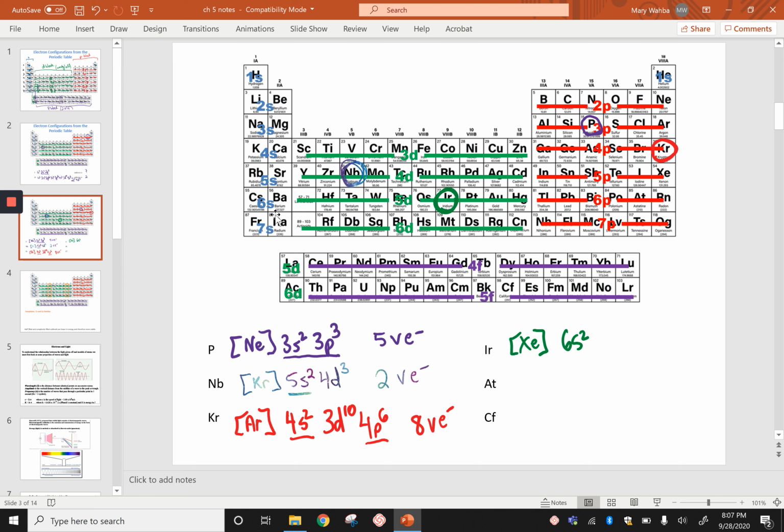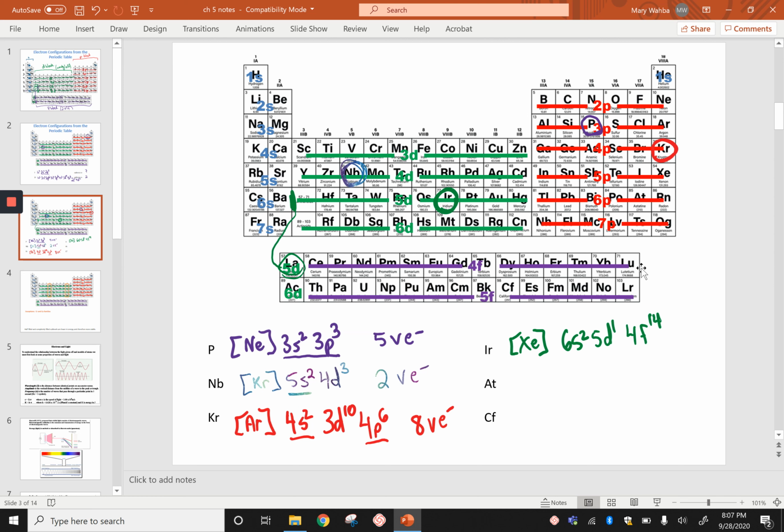Then we have 5d. And right here you see, right there, you have 5d. You see one box, 5d1. Then you move on, and then you have 4f14. And then you go back, right?